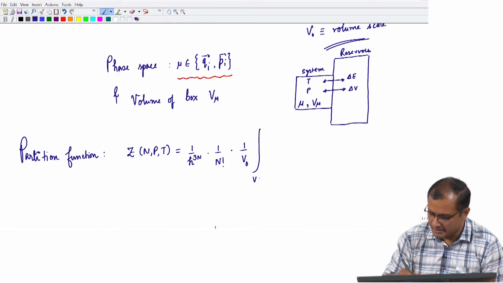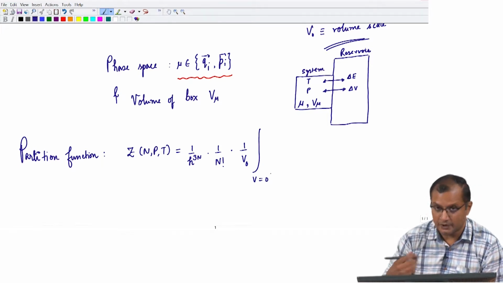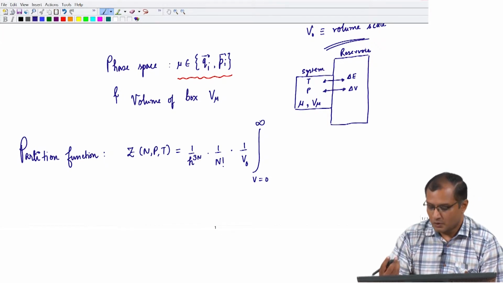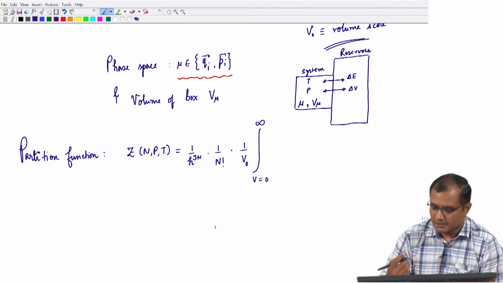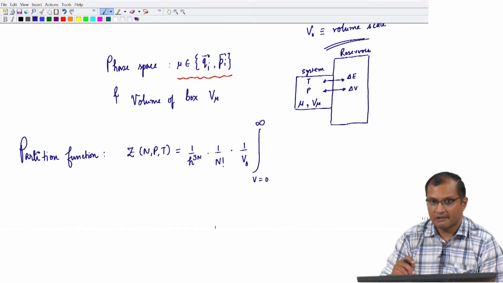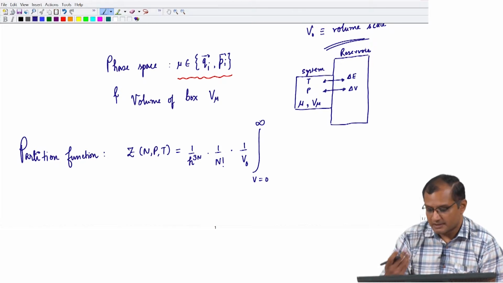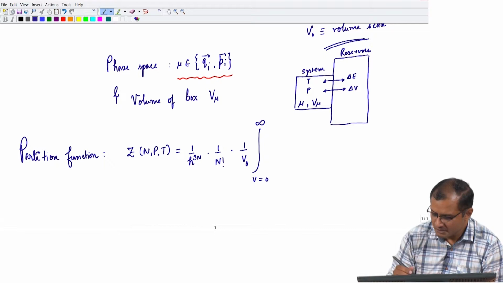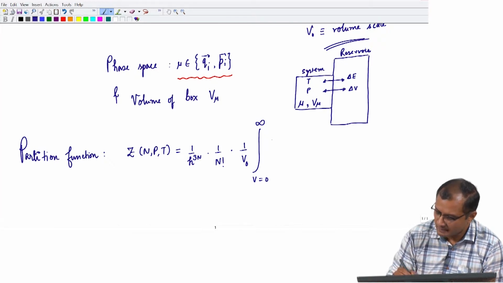So, my system can take volumes from 0 to infinity. Okay. Do not be surprised by these limits, because both these volumes have a very low probability of occurrence, as shall be seen when I write down the Boltzmann factor.